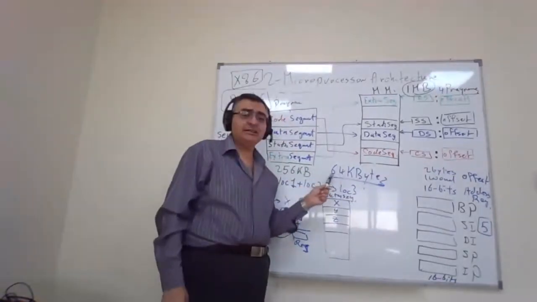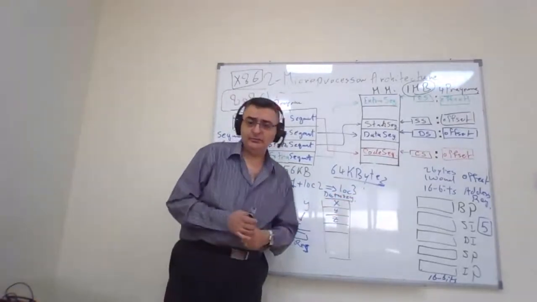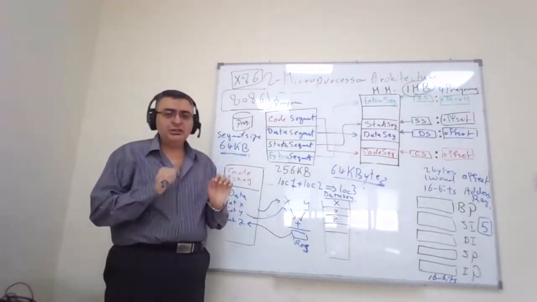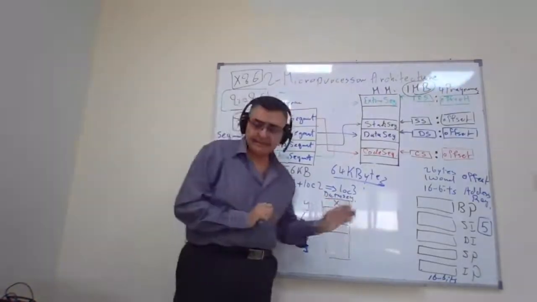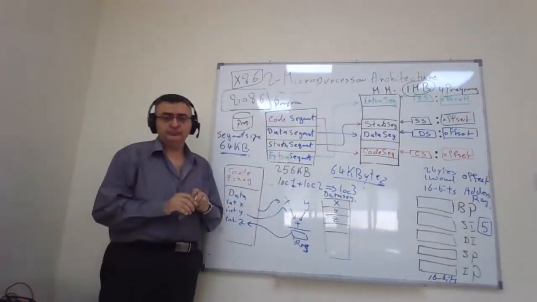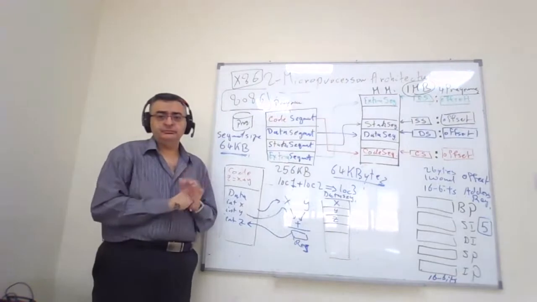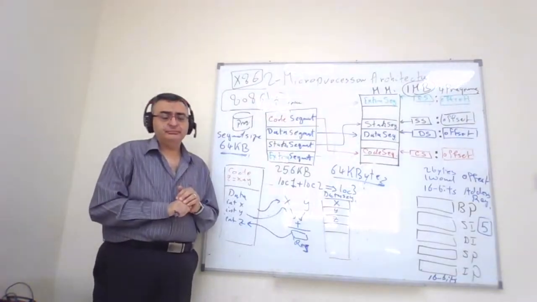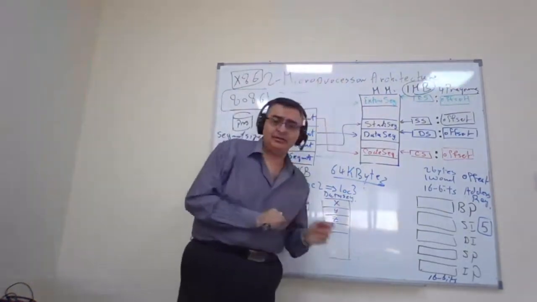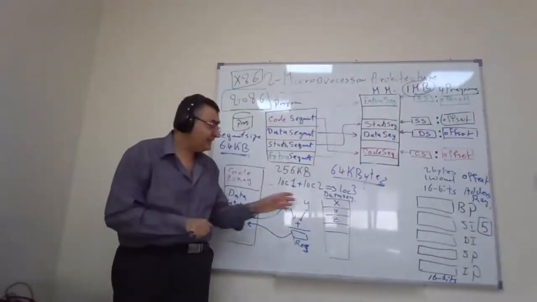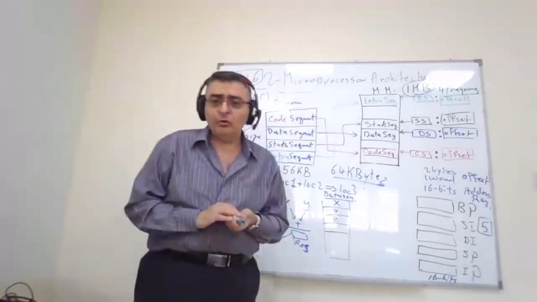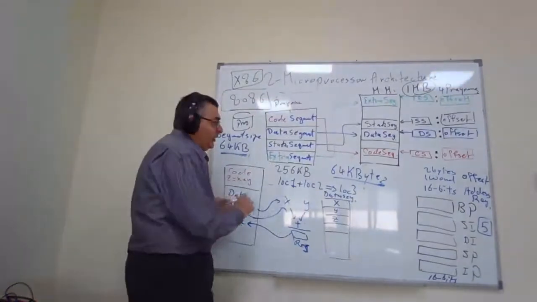Remember that the segment is 64 kilobytes, right? Agreed? Okay, how many bits do I need to address the data segment? We agreed on this. How many bits to address the data segment? Exactly, 16. Correct. Why 16?